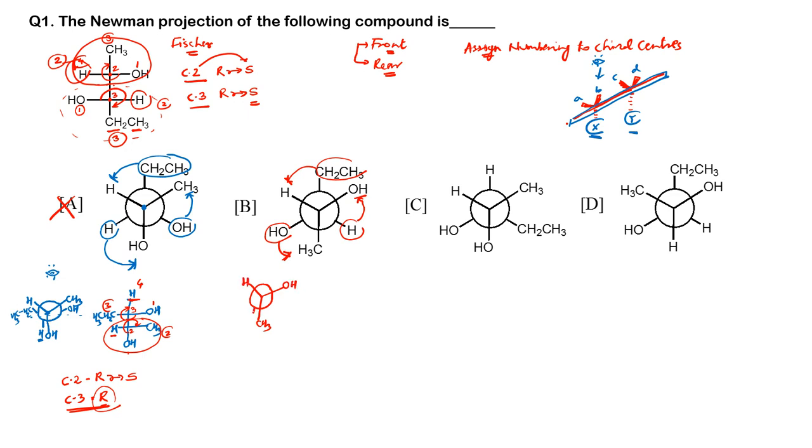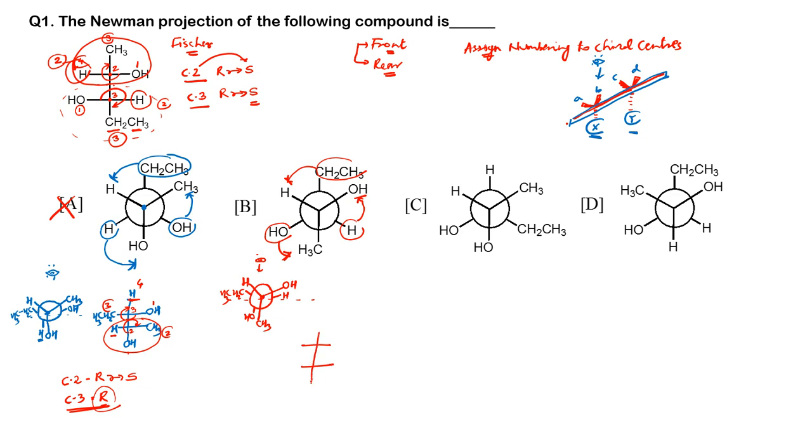On the rear carbon we have the OH here, hydrogen here, and the CH2CH3 here. Again we are observing from the top, considering this as the plane, so we'll write the corresponding Fischer like this.